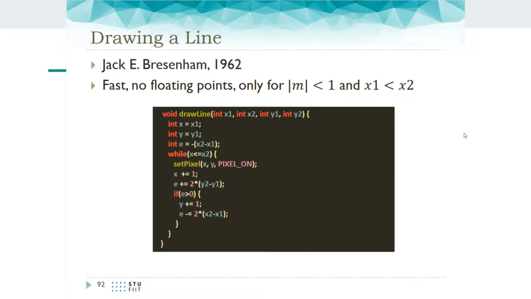If we had a differently oriented vector, or line, it would not work, because the subtraction x2 minus x1 would be problematic, and the condition would evaluate as lower than the x.